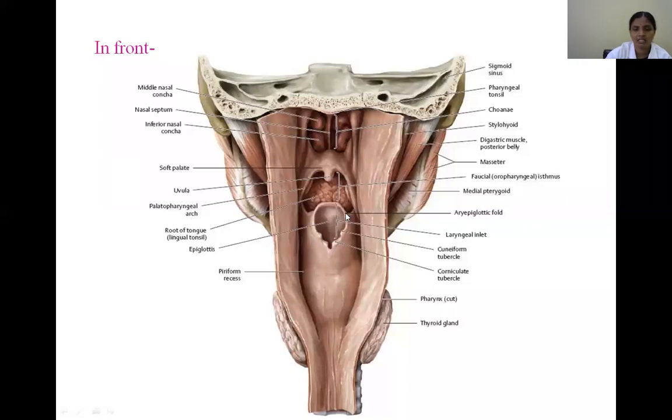Through this laryngeal inlet, the pharynx communicates anteriorly with the larynx. Beyond the upper border of the epiglottis, up to the lower border of the cricoid cartilage, this part of the pharynx lies behind the larynx, so it is otherwise called the laryngopharynx. Now these are the three communications anteriorly.